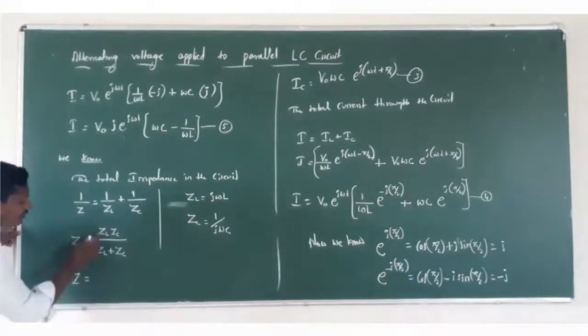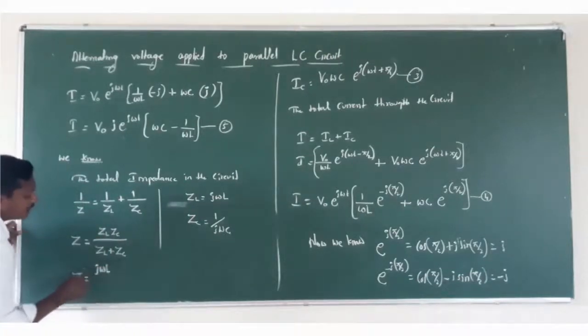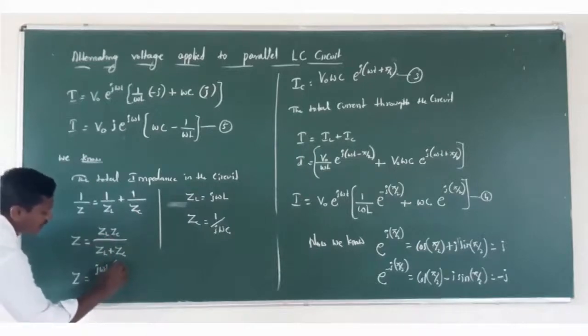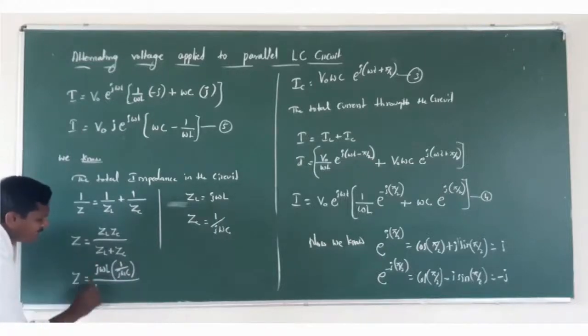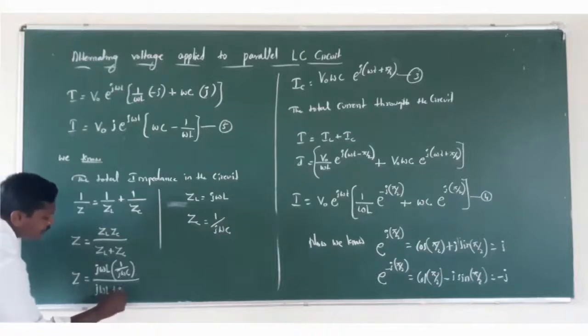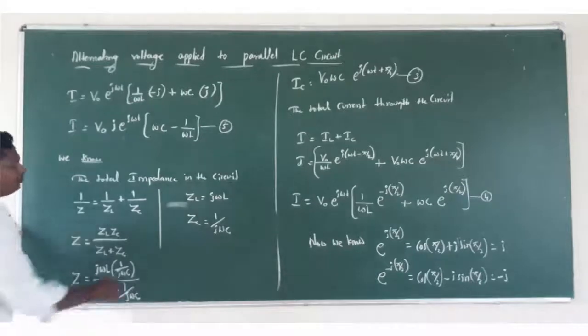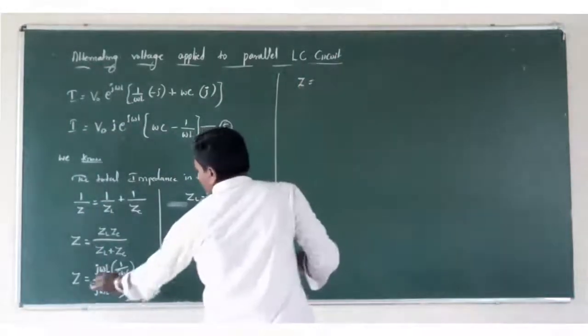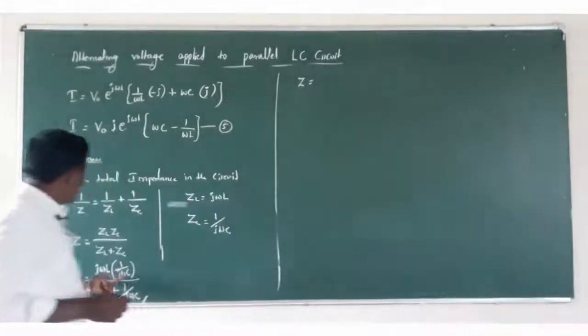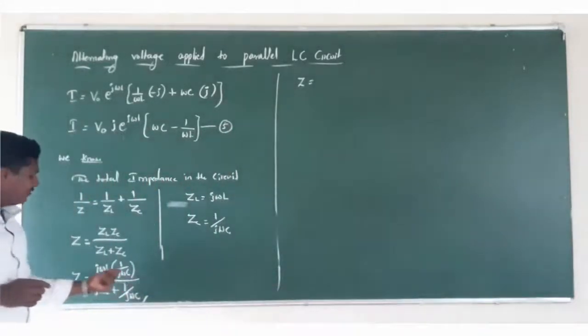Z is equal to j omega L times 1 over j omega C, divided by j omega L plus 1 over j omega C. So, this can also be written as Z is equal to j omega L, and in the denominator j omega C we are going to get.